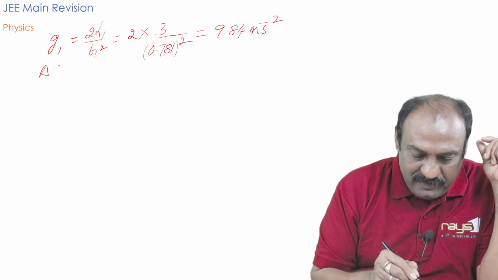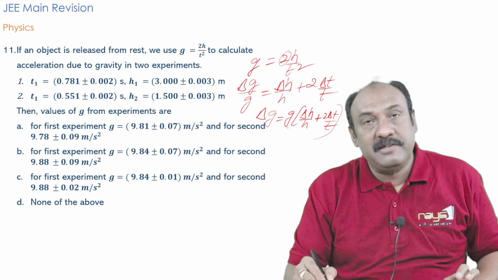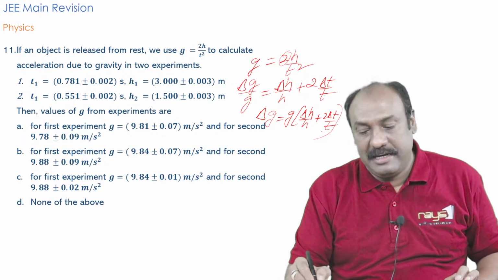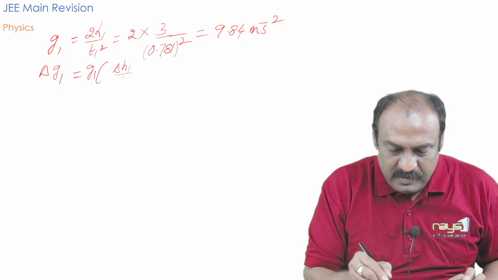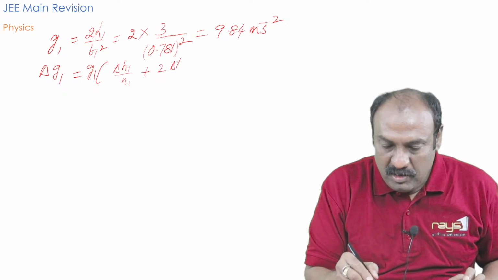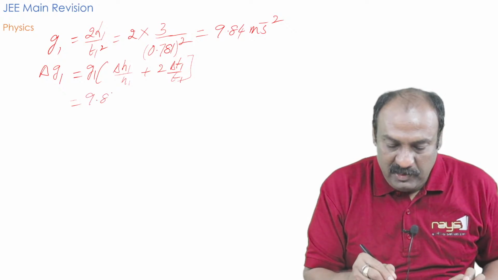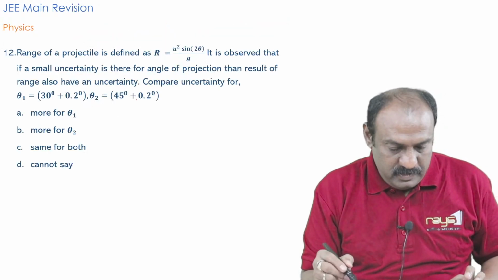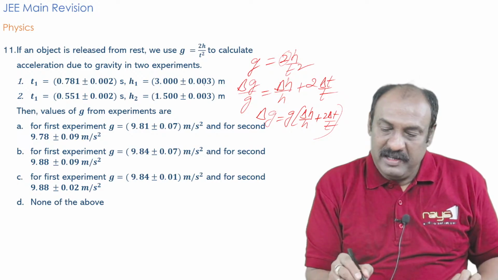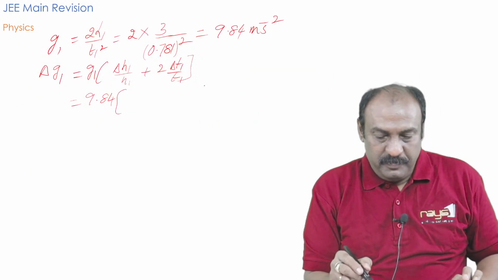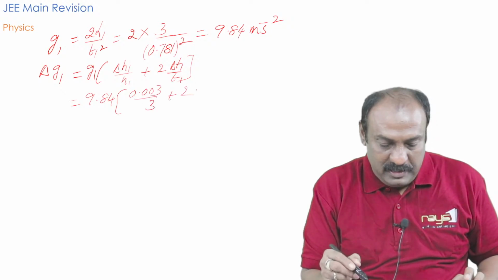Next, what is delta g1? What is the basic formula for delta g1 here? g into delta h by h plus 2 into delta t by t. So therefore delta g1 equals g1 into delta h1 by h1 plus 2 into delta t1 by t1. That equals g1 value 9.84 into delta h1. What is delta h1 here? Delta h1 is equal to 0.003, 0.003 by 3 plus 2 into delta t1.